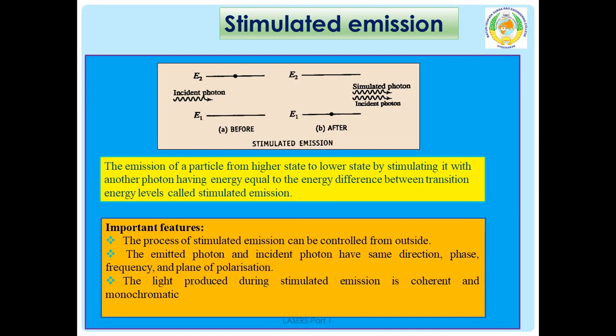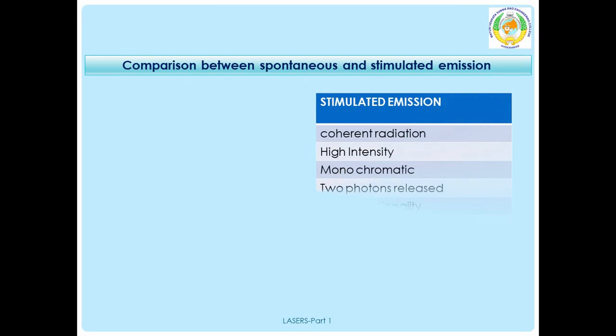Here we can control it so that all the photons are emitted at the same time coherently, whereas in spontaneous emission each atom comes down by itself at its own time. The emitted photon and the incident photon have the same direction, phase, frequency and plane of polarization in this case. The light produced during stimulated emission is coherent and monochromatic.